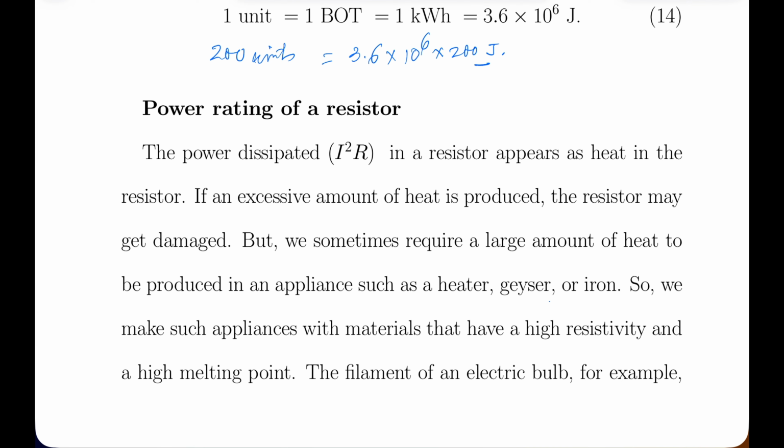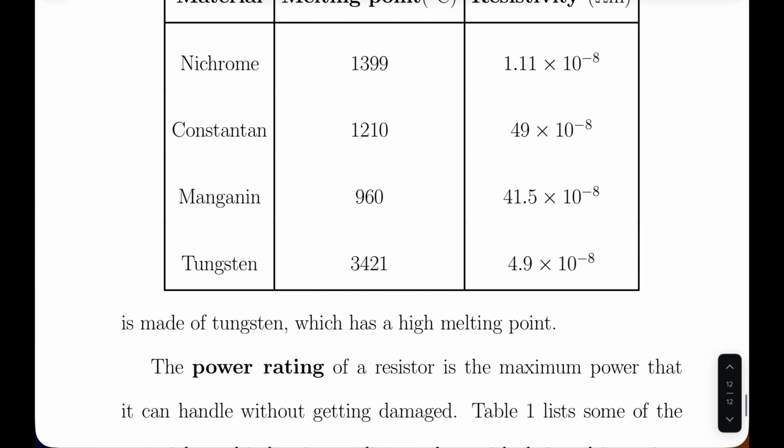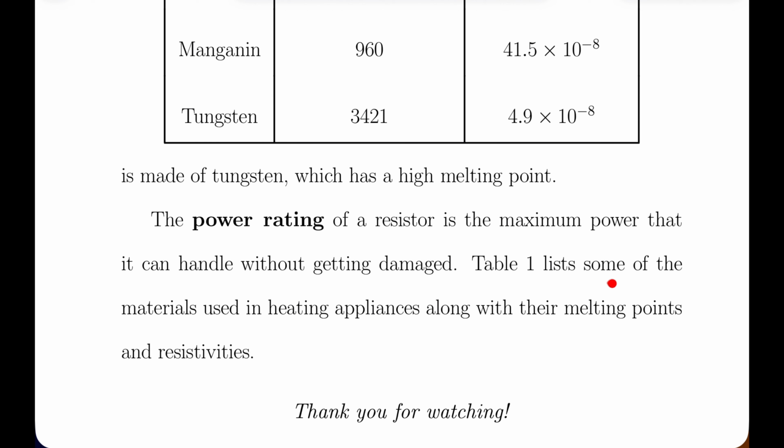Okay, so we make such appliances with materials that have a high resistivity and high melting point. The filament of an electric bulb, for example, is made of tungsten, which has a high melting point. The power rating of a resistor is the maximum power that it can handle without getting damaged. Table 1 lists some of the materials used in heating appliances along with their melting points and resistivities.